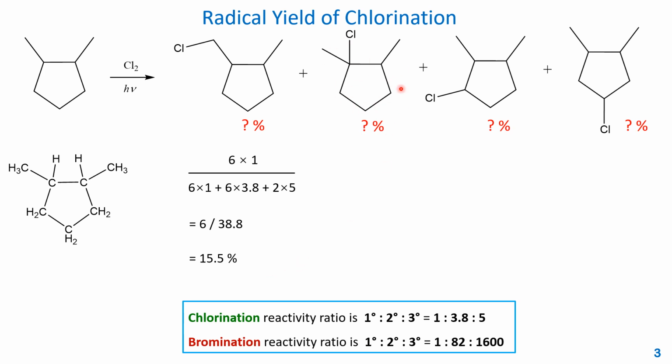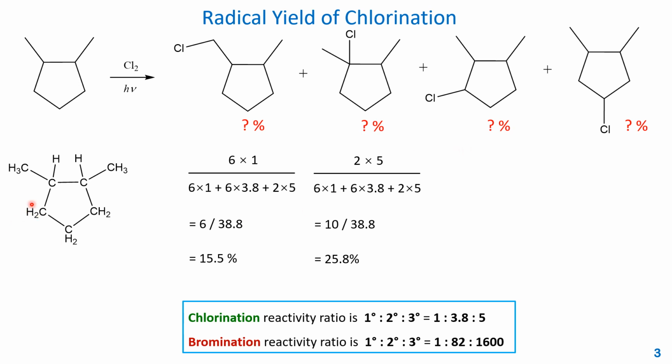Now for this second product, how many hydrogens can be replaced by chlorine? I will say 1 or this one, so that's 2. Now the reactivity is 5 over the same denominator as the first calculation. So that's 10 over 38.8, that is 25.8%. Now the third product, how many hydrogens can be replaced by chlorine?